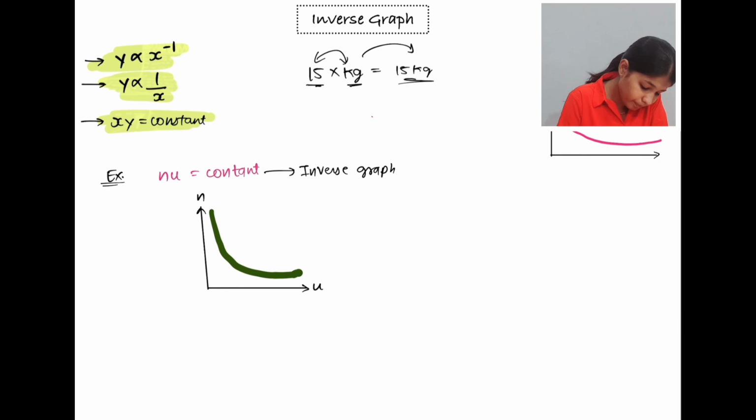If you are asked to put the value between a and b, meaning magnitude and unit, what will you answer? You will just draw an inverse graph, because you see that it is equal to the constant.